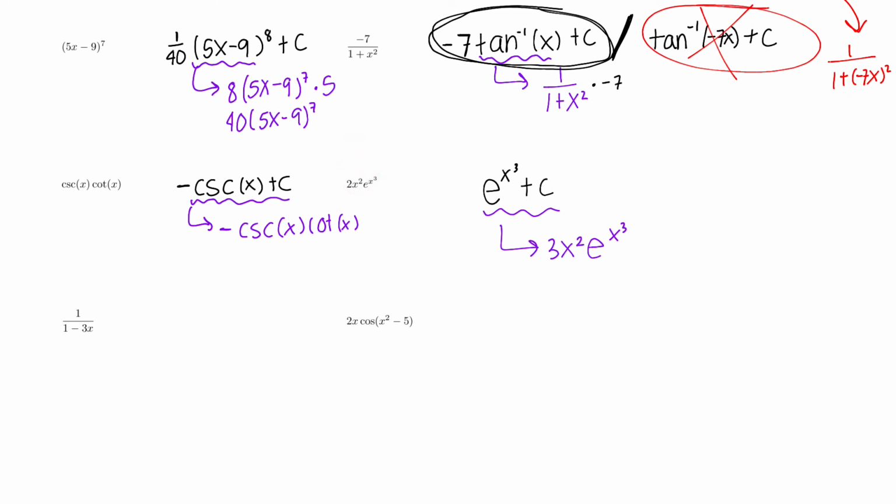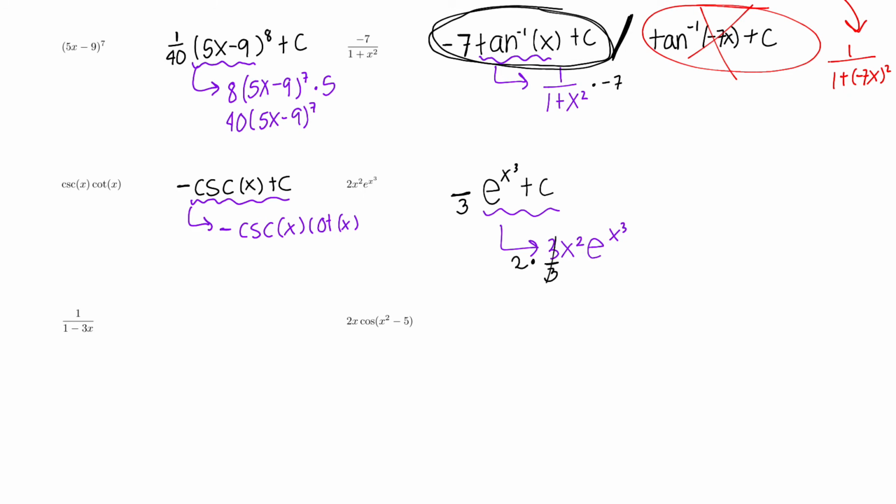But I want it to be a 2x squared. So the x squared part is good. We just need this 3 to turn into a 2. So to make a 3 turn into a 2, you would need to divide by 3 and multiply by 2.